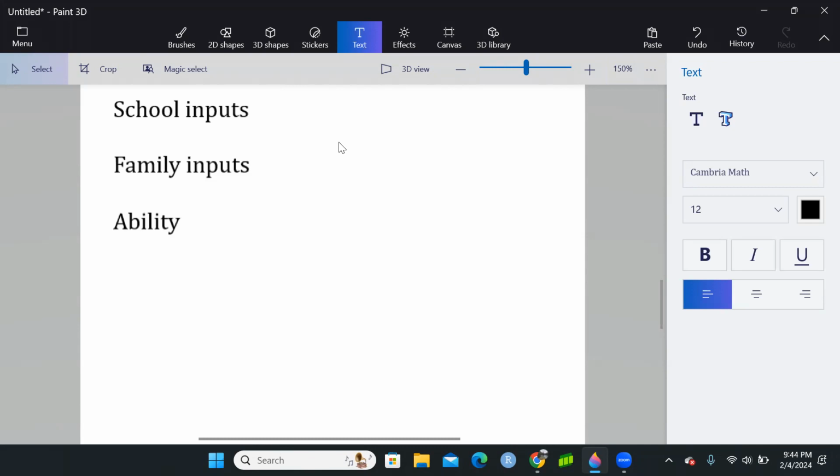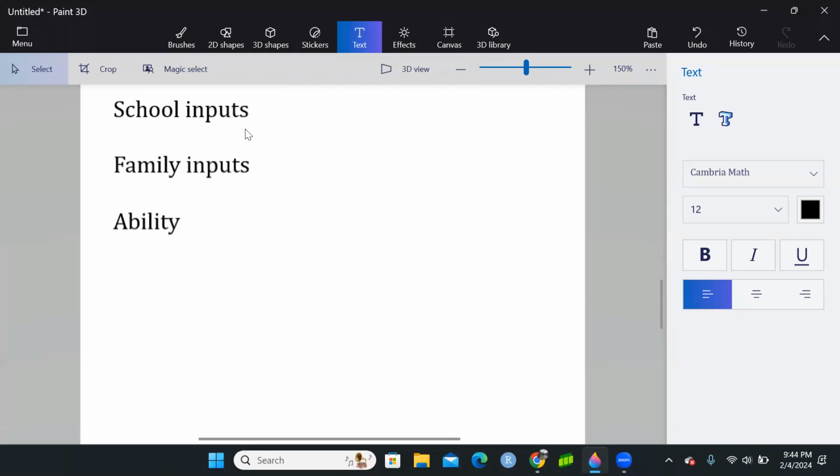It might be something like teacher pay, whether or not the school has a laboratory or not, how many books the school has in its library, how many administrators the school has, how much money the school gets from the state. These are all inputs that the school might have.